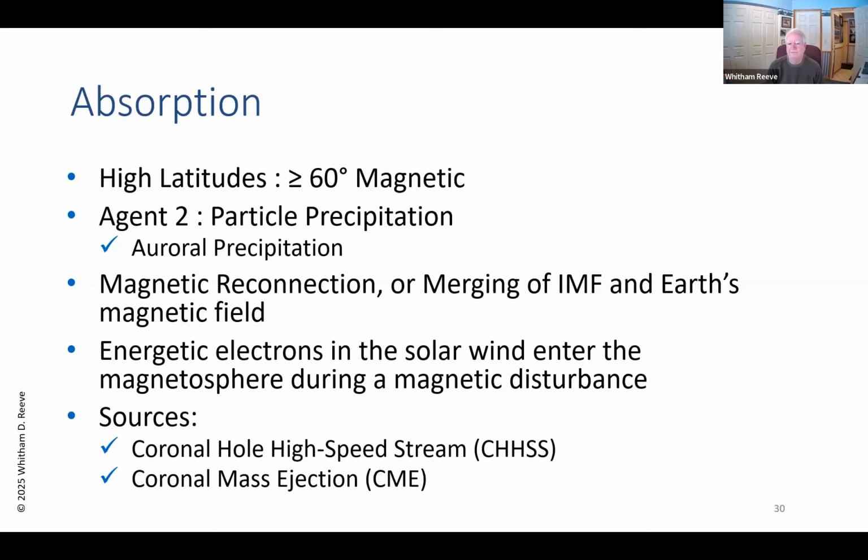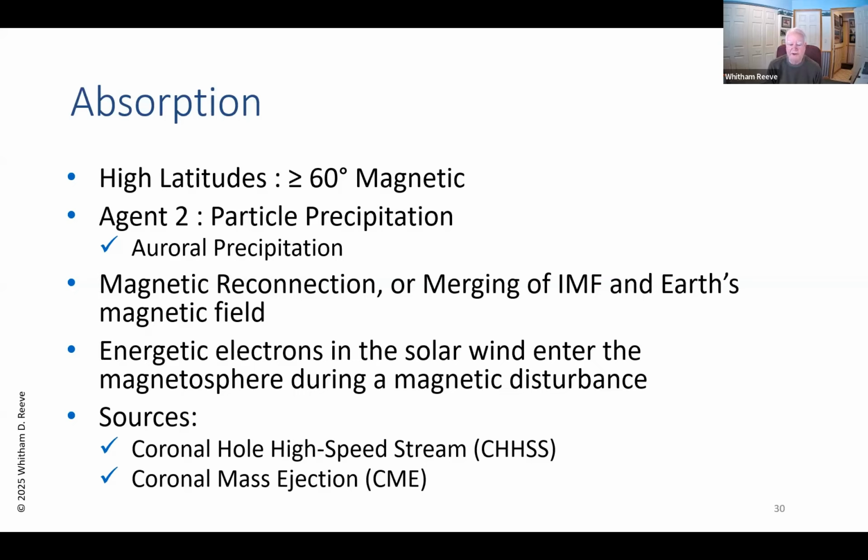They follow magnetic field lines at higher latitudes and come down, collide with neutral particles, and ionize them, which increases the electron density and then the possibility of collisions and absorption. The main sources of these electrons are coronal hole high-speed streams and coronal mass ejections.